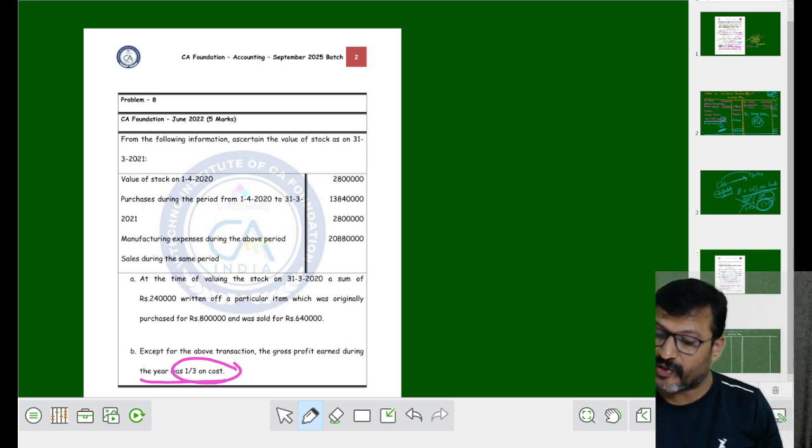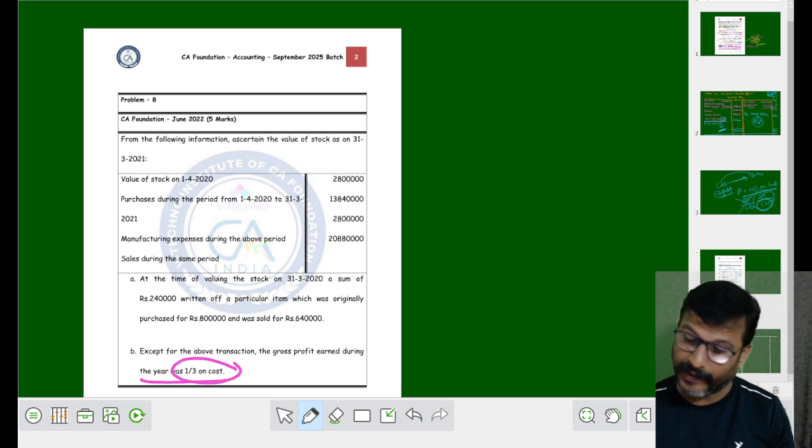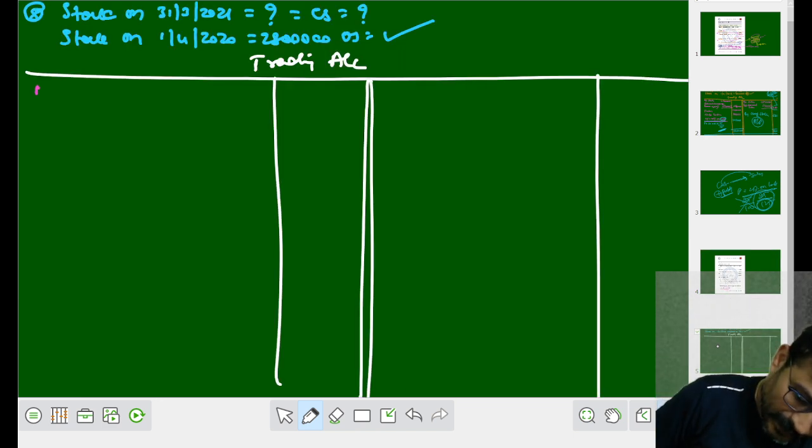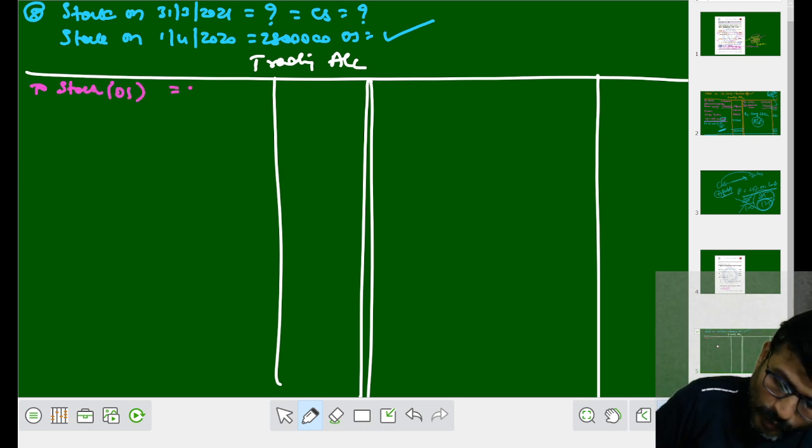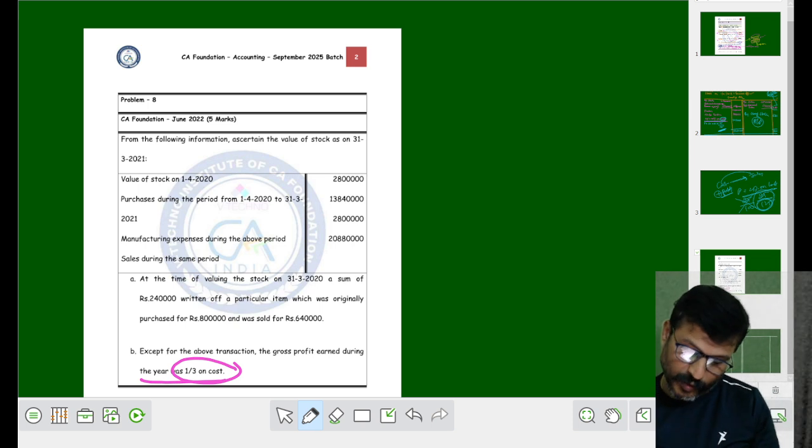Shall we start the solution, my dear student? See what happened here. We have a stock. How much is it? 28 lakh. So we will write to stock. Opening stock 28 lakh. Subtract what? How much balance do we have to subtract?